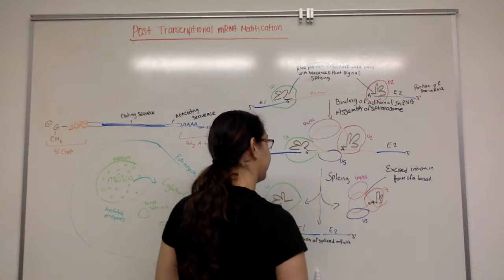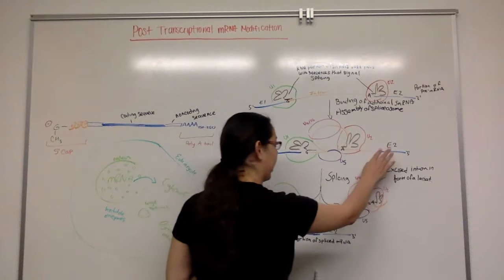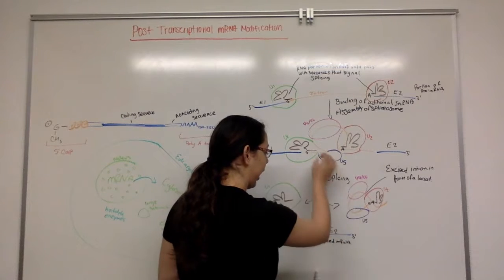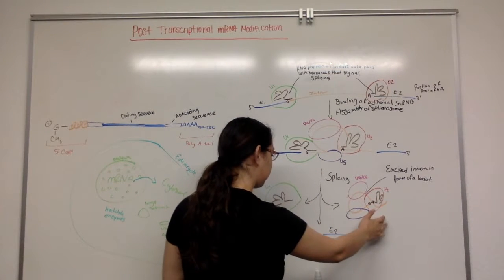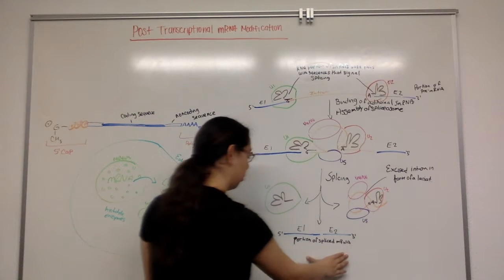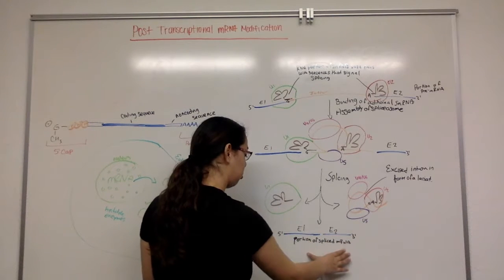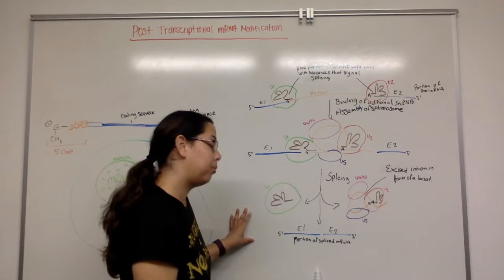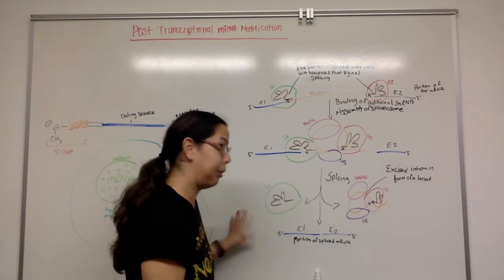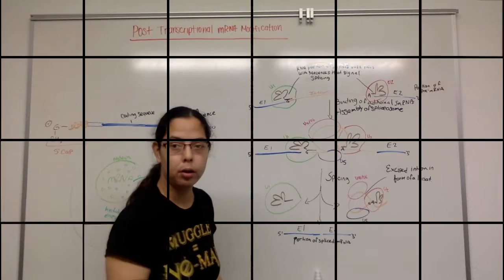This then causes the spliceosome to cleave at the E2 site, and a lariat loop is formed, which then allows the two exons to bind together. The spliceosomes are removed and recycled for later use.